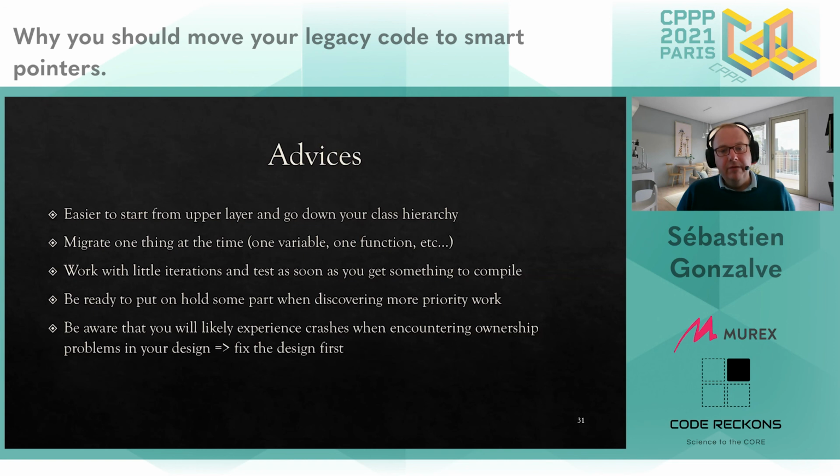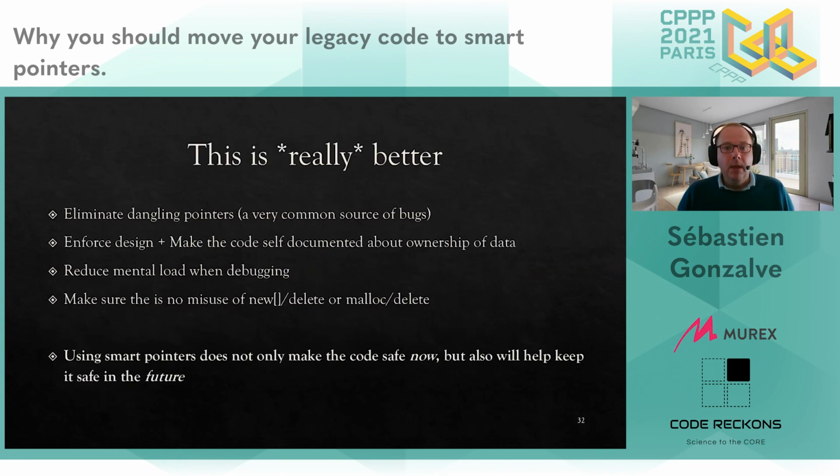Whenever you have crashes and you figure out that there is a problem with your design, fix the design first. Don't try to push your smart pointer at any cost, saying, I have to do that. You need to fix the design and then go back to that. So this may be quite a lot of work, but it pays in the end because your design will be better. So here is the last slide, if I'm right.